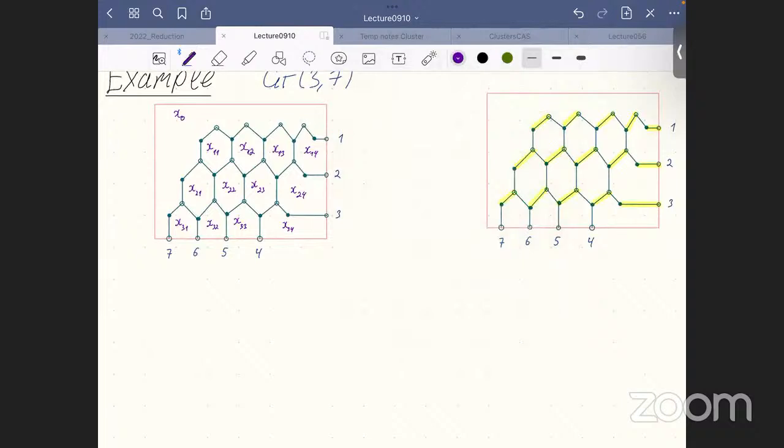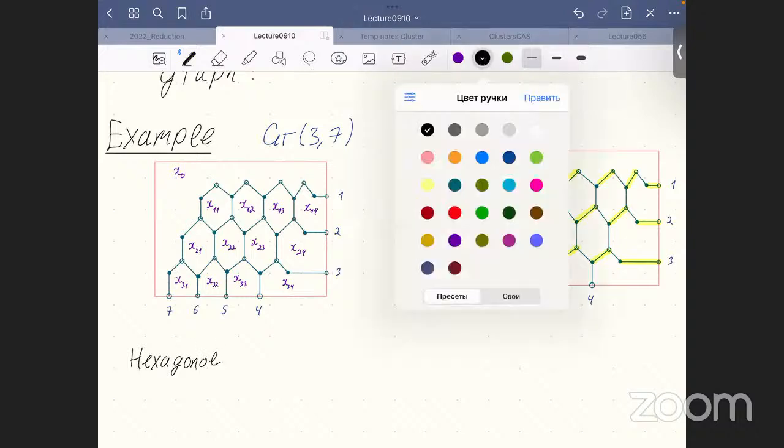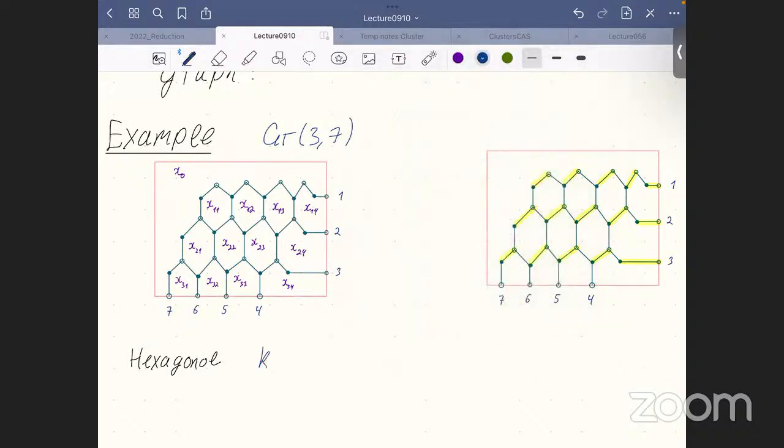They will be hexagonal in any case, not only for 3-7. Yes, there is a hexagonal grid of size 2 times 3, where 2 is 3 minus 1, and the other number is 4 minus 1.